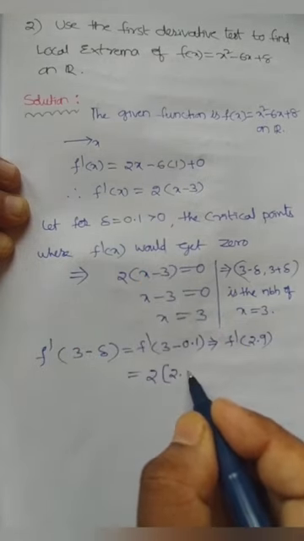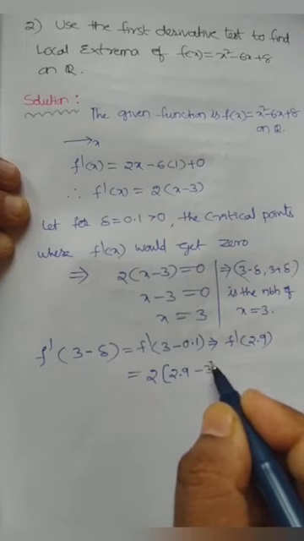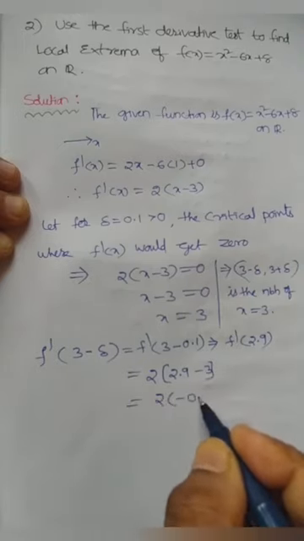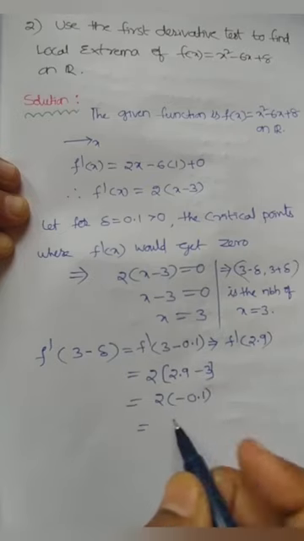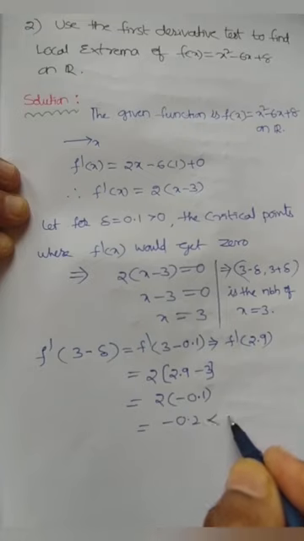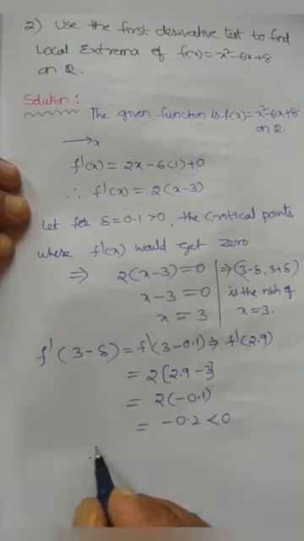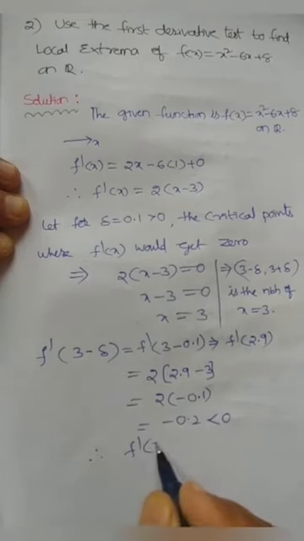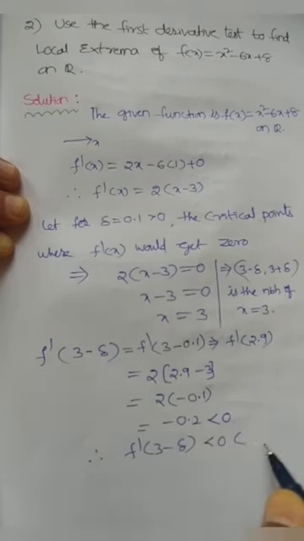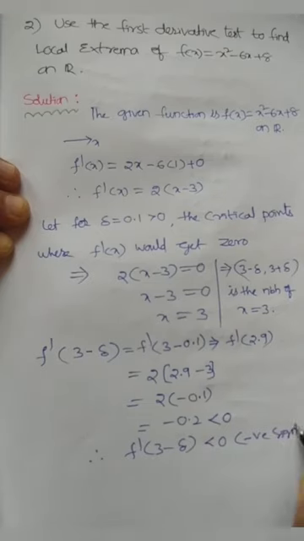So 2.9 minus 3, that is 2 into minus 0.1, so you are getting minus 0.2. It is a negative value, less than 0. Therefore f dash of 3 minus delta is negative.